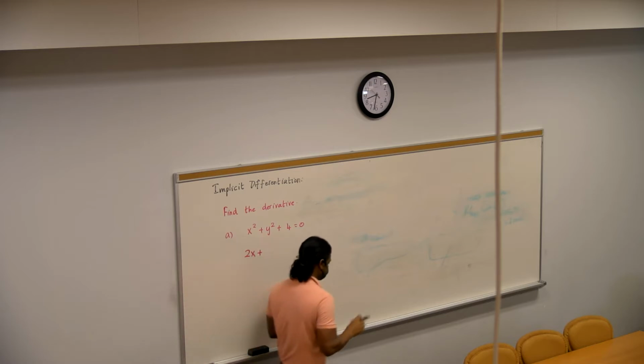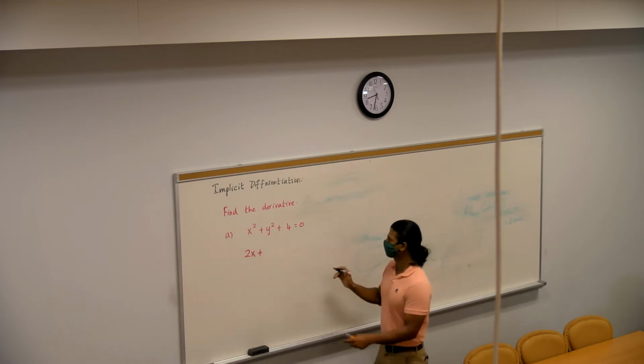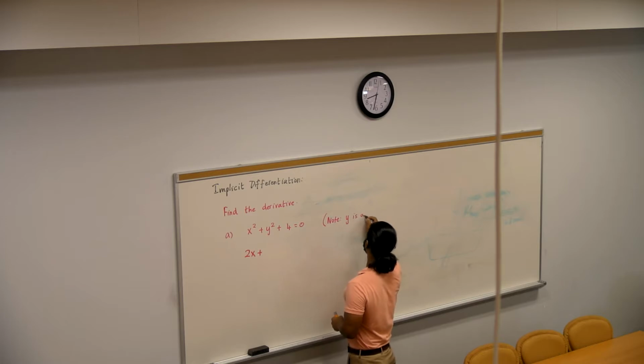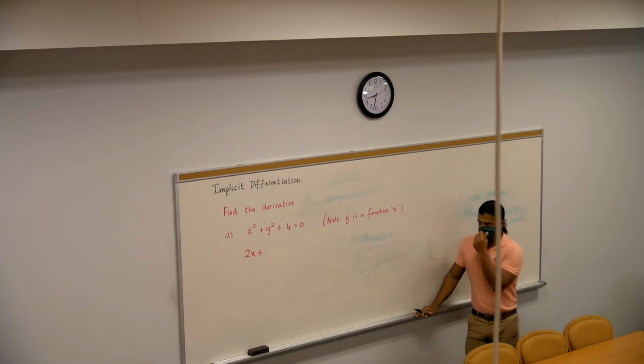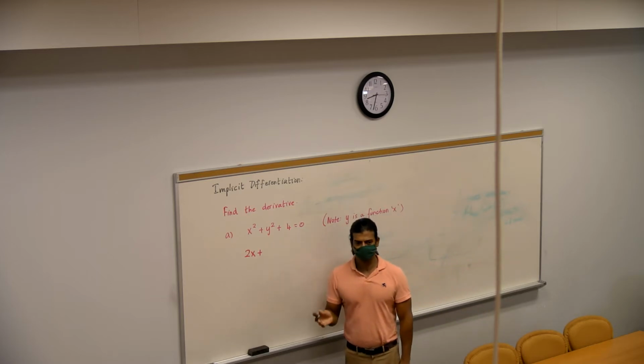But we all know that y depends on x. Y is usually a function of x. And naturally, y depends on x too. So I can't treat y squared as a constant.